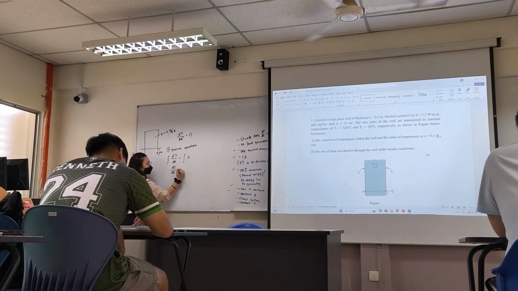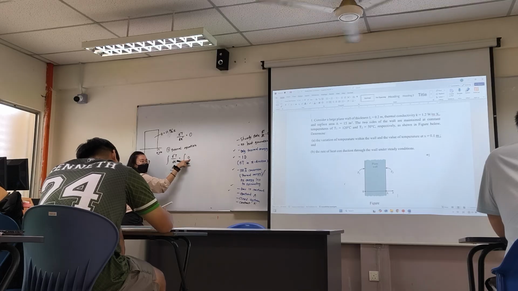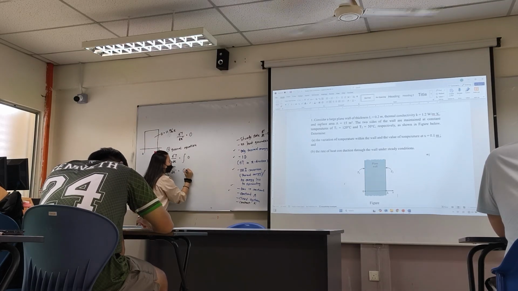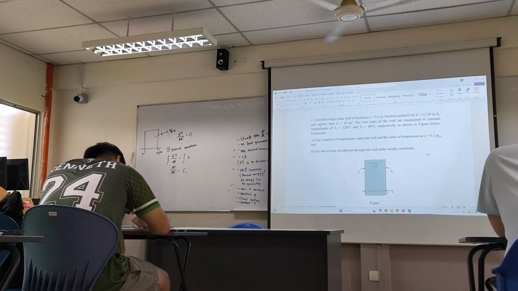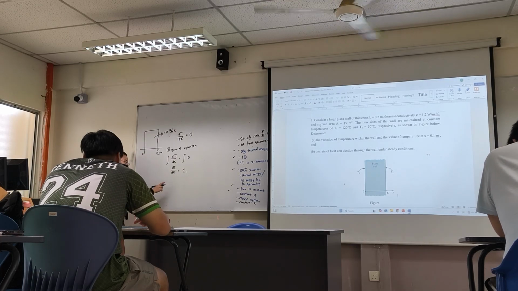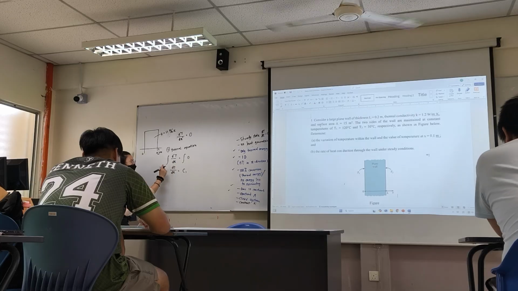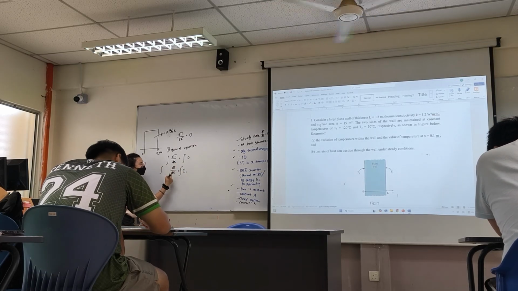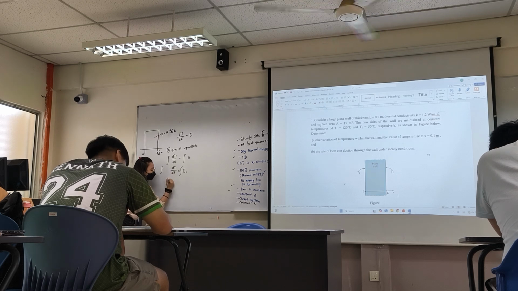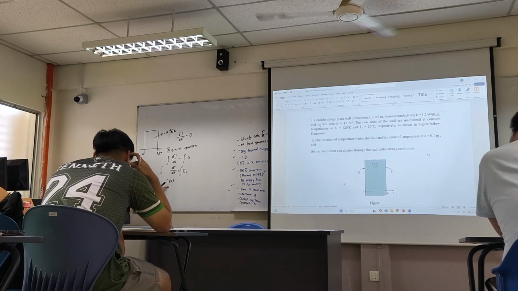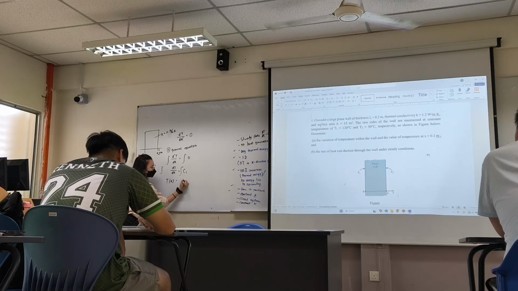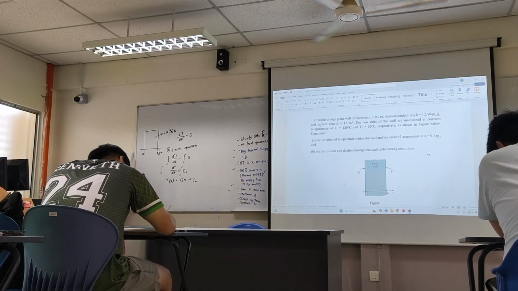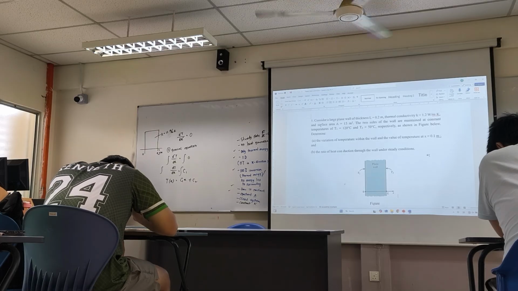So dT over dx equals to, integration of 0 here, supposedly you need to have C1. Second time integration, differentiate already removed. So T equals to C1 x plus C2. So now you need to find your C1, C2.